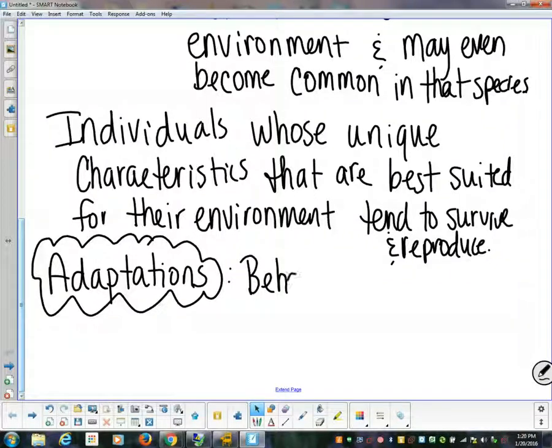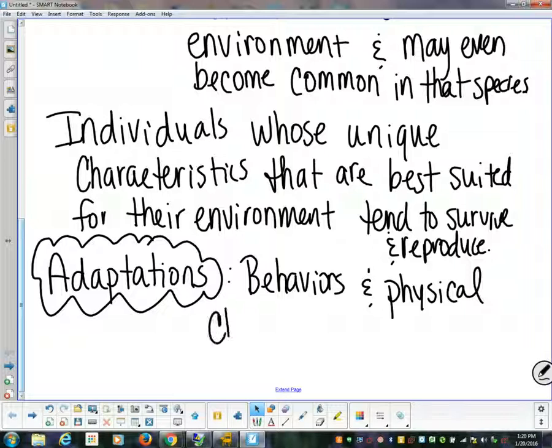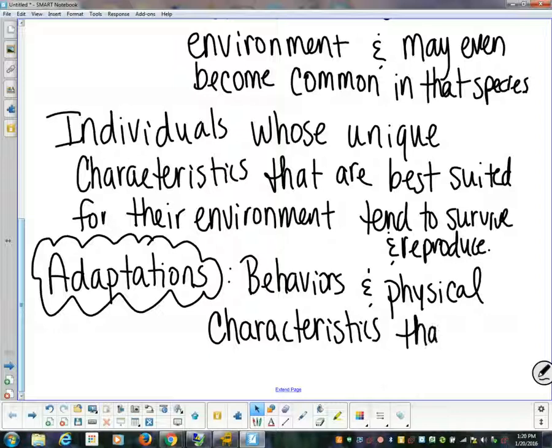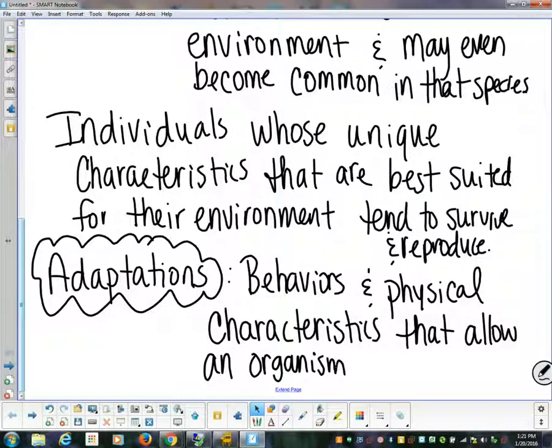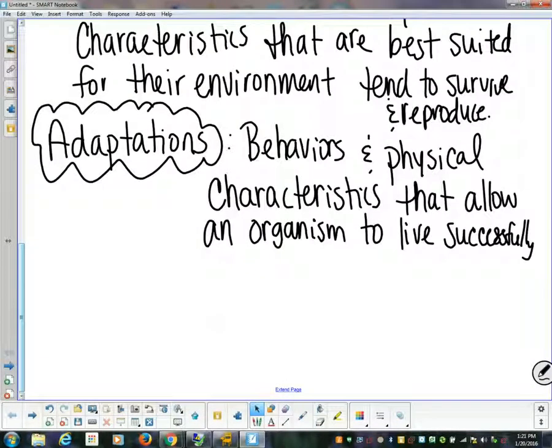Which are behaviors and physical characteristics that allow an organism to live successfully in their environment.